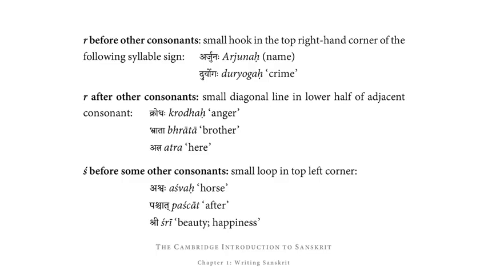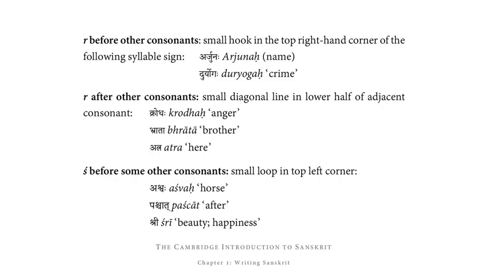And this rabbit ear, which is also above the main line, and the hook that indicates the R compete for space. And this is sometimes a little confusing, but the way that you need to read this is the R first. The hook indicates an R before another consonant, so you read the R first, then you read the other consonant, the consonant underneath, which is Y, and then you read the sign for the O, which is the vowel that follows the Y. So R-yo in dur-yogach, crime.